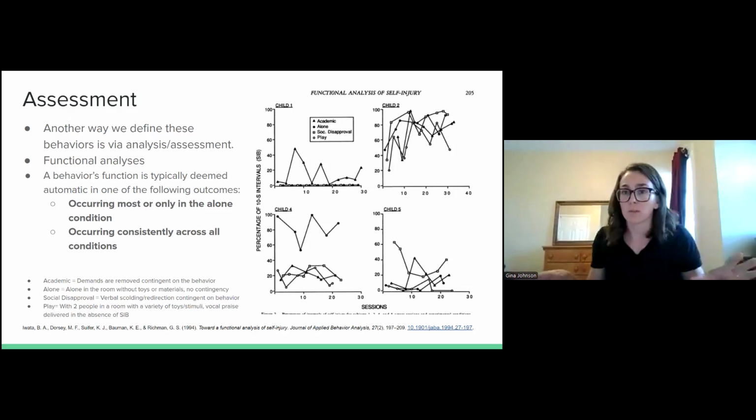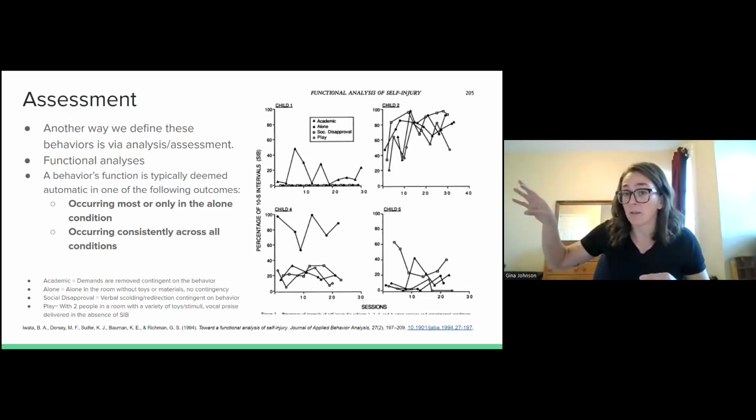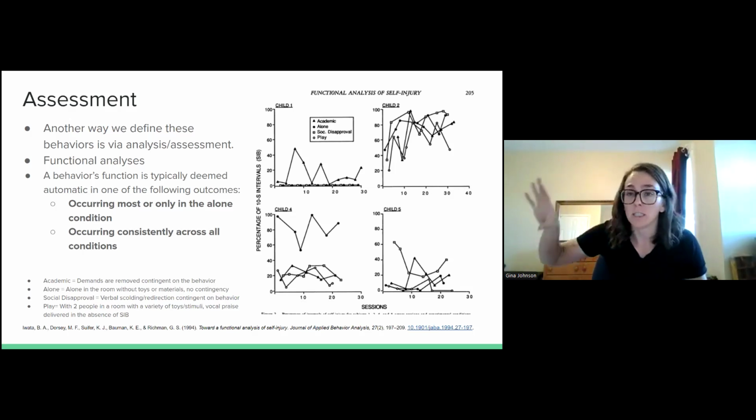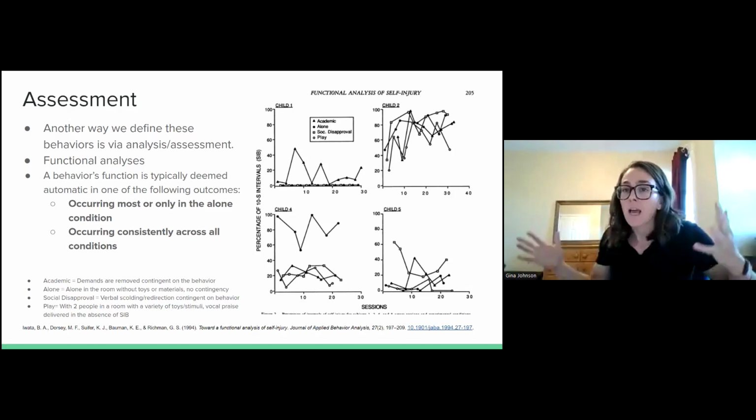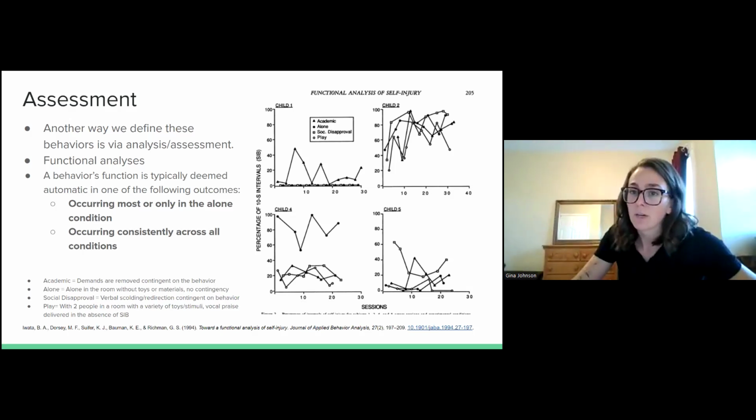There's no reinforcement available. Whereas in the second scenario of an automatically maintained behavior across all conditions, lots of different reinforcers are available. There's attention being applied, there's access to tangibles, there's all sorts of things, and this behavior is still occurring at those rates. So that reinforcement piece will come up again. It's helpful to keep in mind.